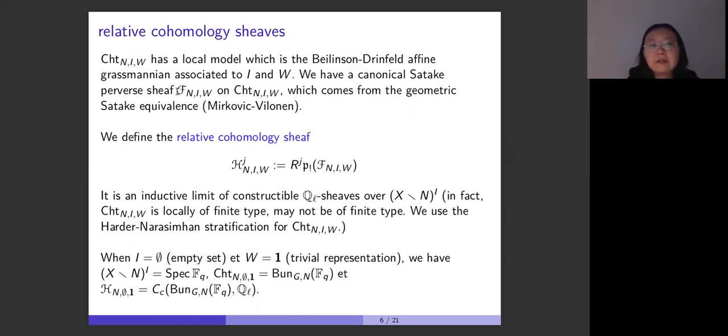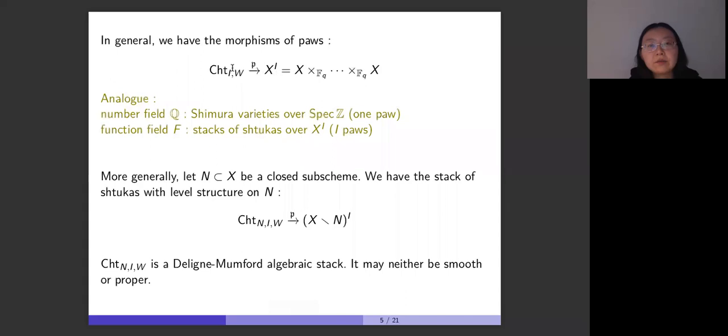Thus, we get a Satake sheaf on the stack of shtukas. We denote it F with the same indices. In the cohomology, what we call cohomology is the push forward of this canonical sheaf to the curve.